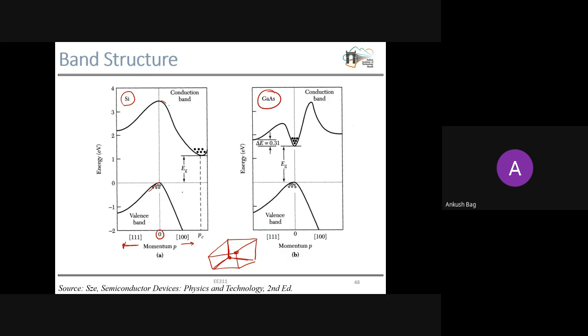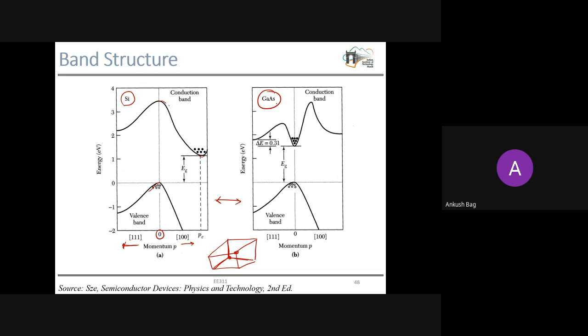If you compare these two figures, you can see the minima of the conduction band in case of silicon: if you go towards the 100 direction, you will find the minima. But at p equals 0, you will find the conduction band minima in case of gallium arsenide.